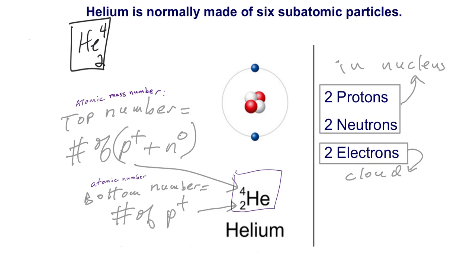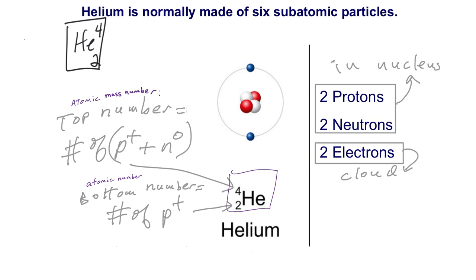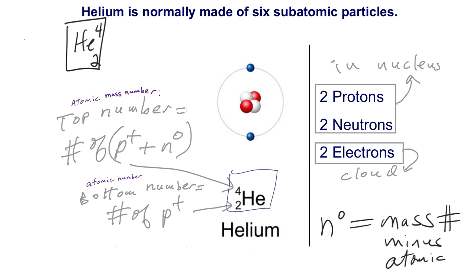If I want to determine the neutrons from this picture, all I do is take the proton number and subtract it from the mass number. So the neutron number equals mass number minus the atomic number. It's set up like a sum, so you can just subtract them to find the neutron number.